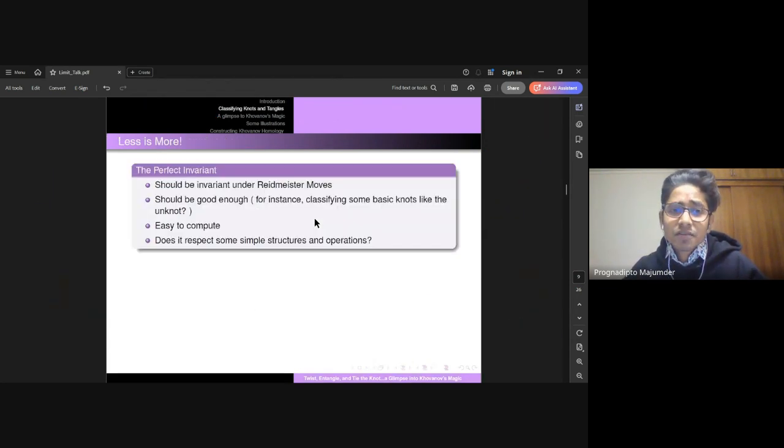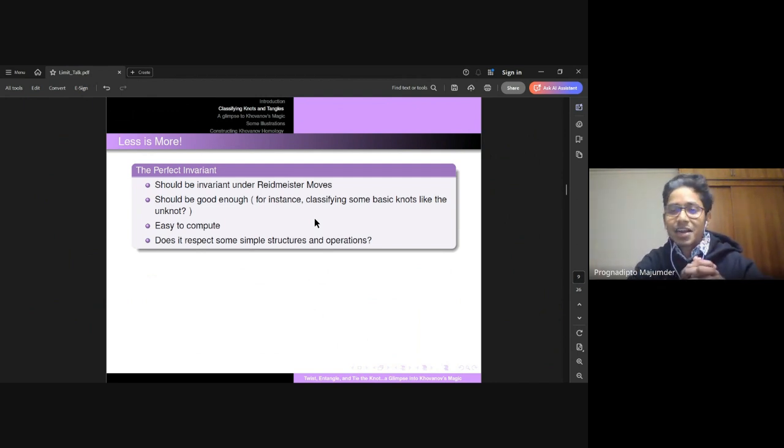So we want some invariant. Given two knots, it's very difficult to see if they are the same. But is there any way to ask the converse question? Can I say that two knots are different? That's what I call an invariant. You lose some of the information given in the knot, but you have something that's a bit easier to compute, and you don't lose too much information.